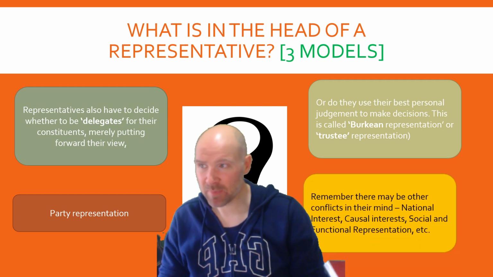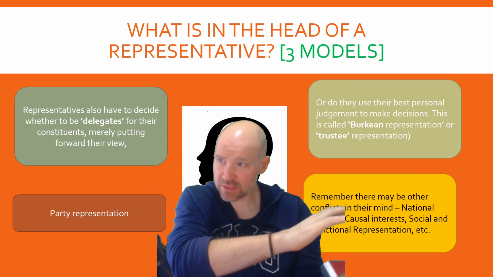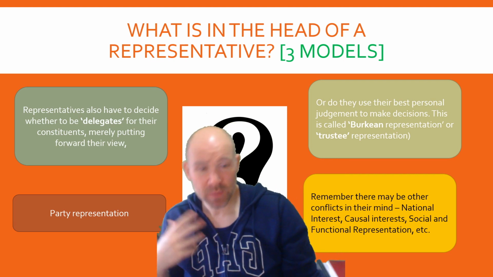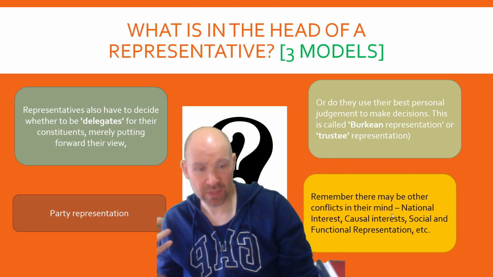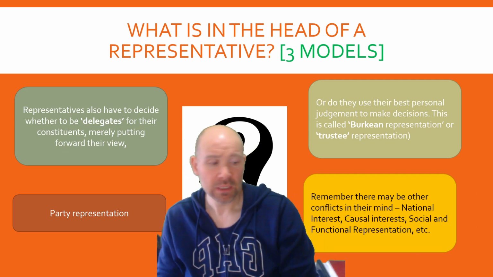And of course, there may be, and this is a little aside, so these three are the big three. This is a minor one, so in your notes, make this smaller or off to one side. There may be other things in their mind, something about the national interest, the causal interests, their representation of their personal demographics, and so on.